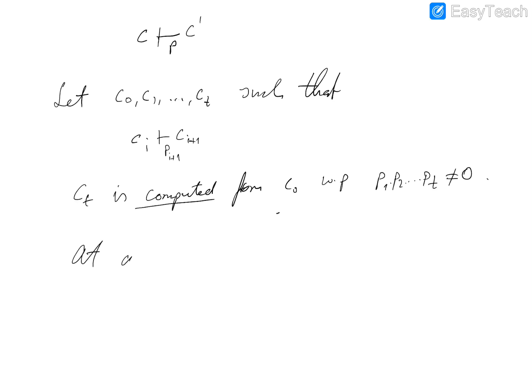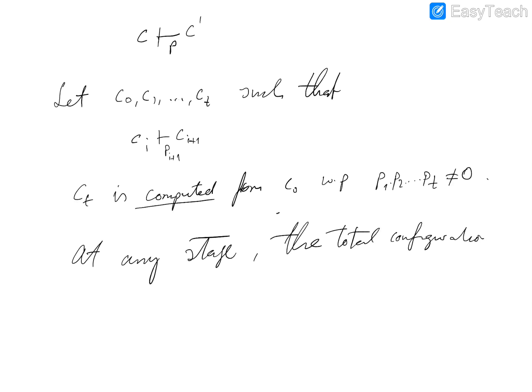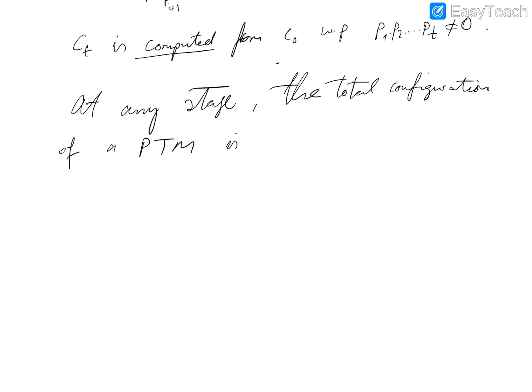So at any stage, the total configuration of a probabilistic Turing machine can be seen as a probability distribution, denoted by P1 C1 plus P2 C2 plus ... PM Cm.